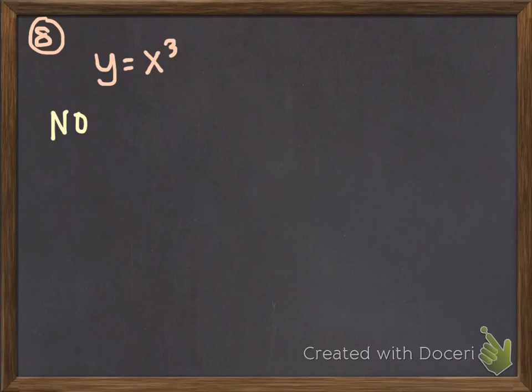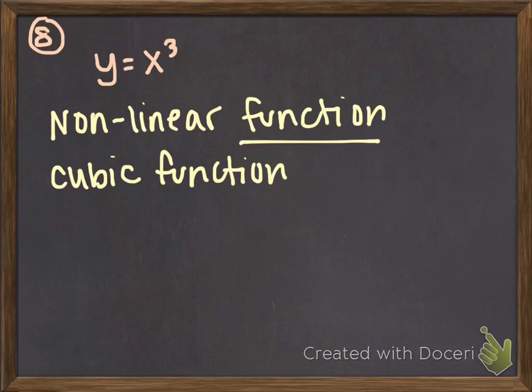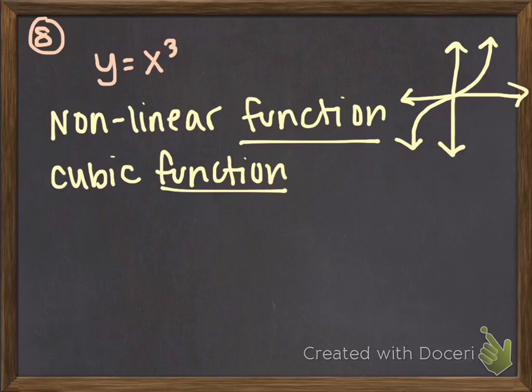So the first thing I noticed is that this is a nonlinear function, meaning that it is curved, but it is still a function. The next thing I notice is that it's a cubic function because of the exponent of 3, and that means it's still a function. I also know that x cubed makes a graph that looks kind of like a snake. Okay?